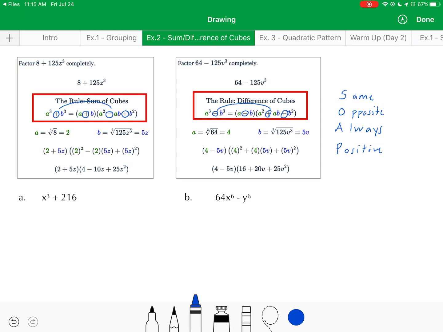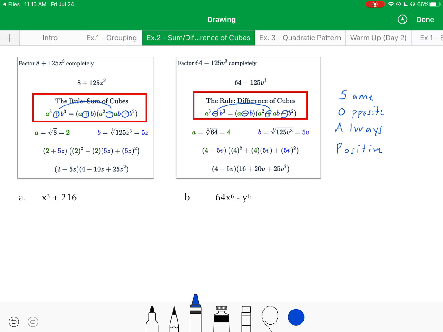And then you just simply plug in those values of a and b into the formula that's in the red box there, and then you simplify. Okay. Notice for the example on the right-hand side, the difference of cubes, 64 minus 125v cubed. It's essentially the same approach. Find the cube root of 64, find the cube root of 125v cubed, and plug those into your formula for a and b, and then simplify.